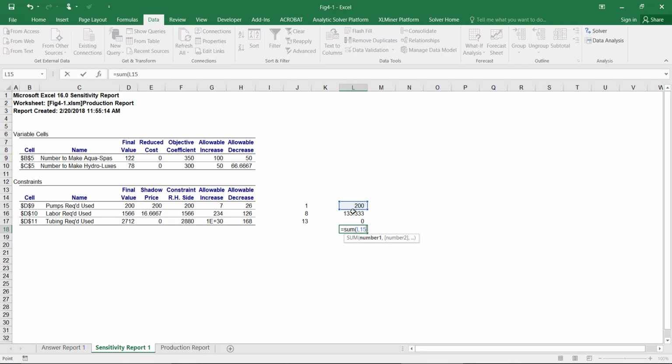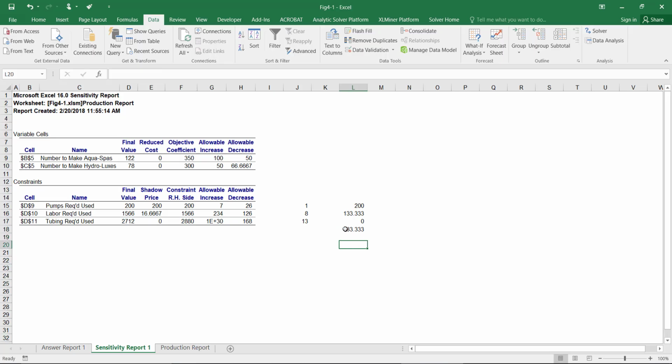So if I add all of this cost, it says if I add a new product to this model, the cost with this new product is going to be $333.34, because it's going to take 1 unit from this product and 8 units from this one. So the total cost of producing the new product is going to be this much.